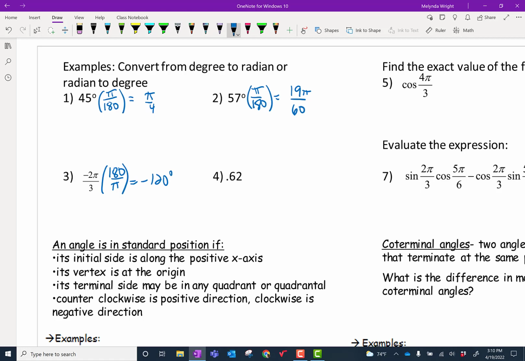Now number 4 is a little bit of a strange one because it's a decimal. I mean, I don't see a pi there. And that's why I was mentioning a little bit earlier, you won't always see the pi in a radian, and that's okay. The special radians on the unit circle that we have used before, they have pi's in them, but not all radians do.